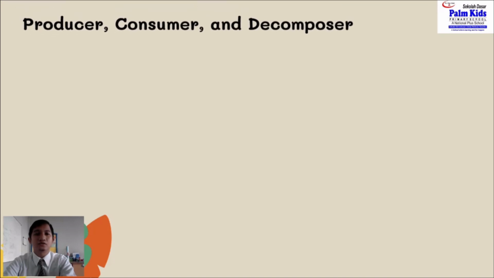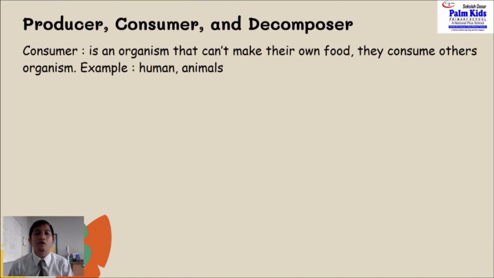Second one is consumer. Consumers are organisms that can't make their own food. They consume other organisms, such as humans and most animals. Okay? Humans cannot make their own food. So do animals. They eat other organisms such as plants, or they eat another animal, like humans eat chicken, cows, pig, and so on.